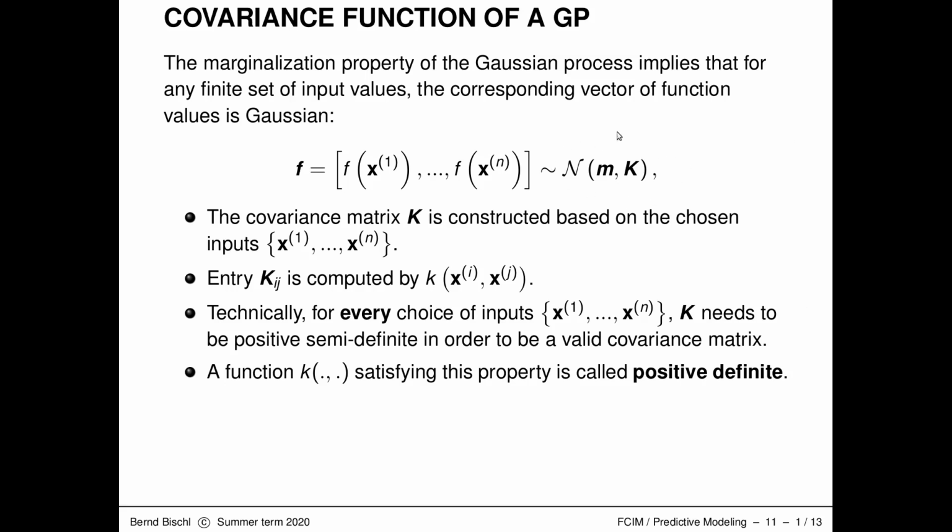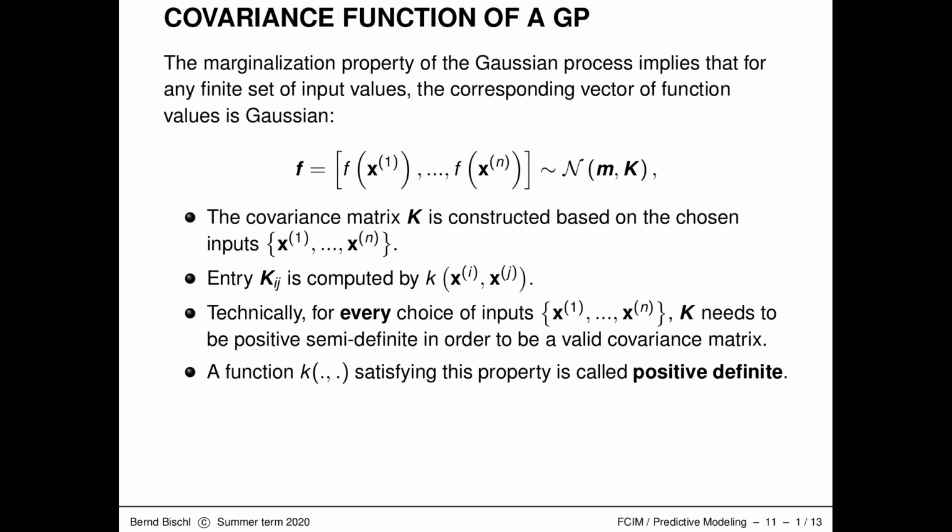So it's normally distributed like this here, usually with a mean 0 vector and a covariance matrix capital K. And this covariance matrix capital K is induced by the covariance function in such a way that we simply plug in all pairs of measurement points into our covariance function small k, and then compute the entries of this covariance matrix here. And technically, for every choice of inputs, capital K usually needs to be positive semi-definite in order for us to be considered a valid covariance matrix.